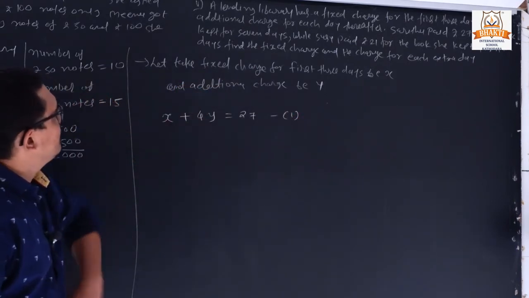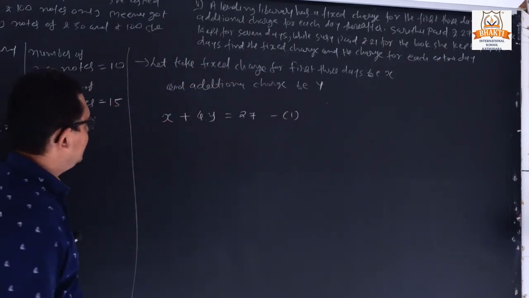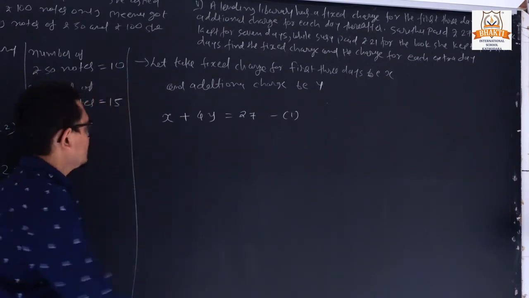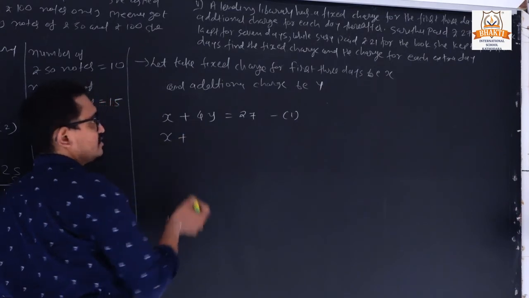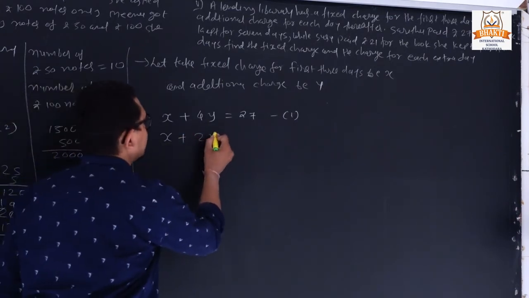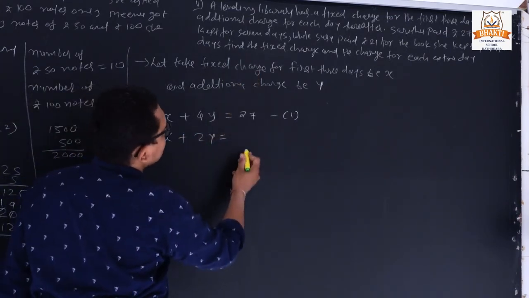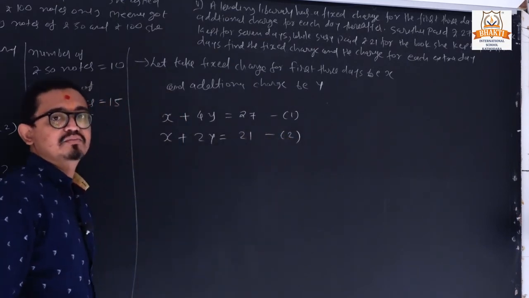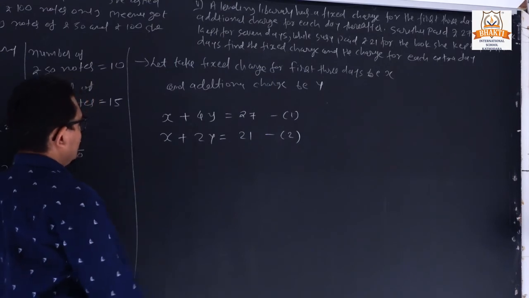Now next, Suzy paid 21 rupees for a book she kept for 5 days. So 3 days are fixed, and 5 minus 3 is 2 days, and she paid 21 rupees. So we can declare it is our result number 2. Now simplify this.